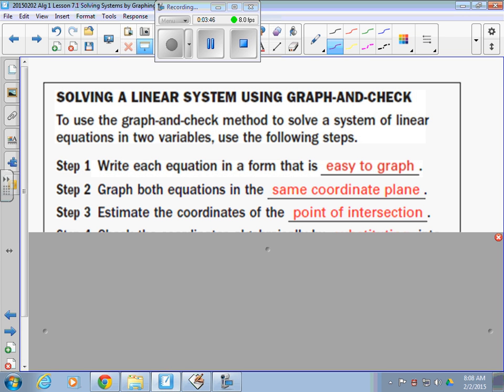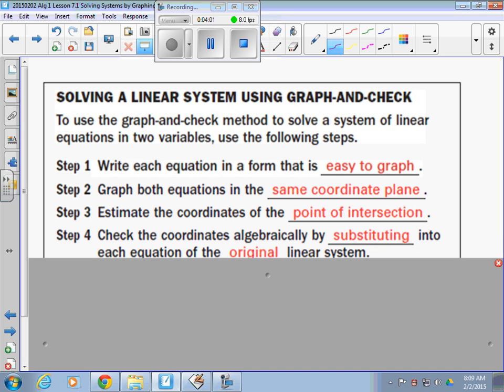It's not going to be halves and thirds and partial numbers and stuff like that. Even though that will happen anytime you try to come up with your own example, that'll happen more often than not. But estimate where they intersect. What is the x and y value?